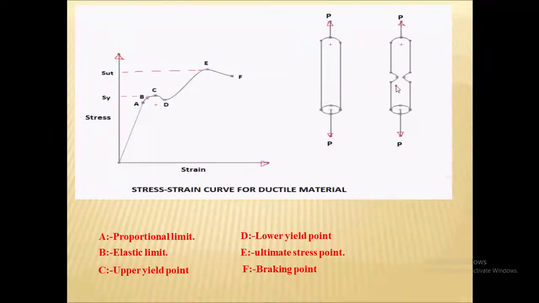Here the area of the specimen goes on decreasing, a neck forms, and there will be more elongation of the material, due to which it breaks into two pieces at point F, and a cup and cone type of fracture takes place. The value of stress corresponding to point F is called the breaking stress or breaking strength.